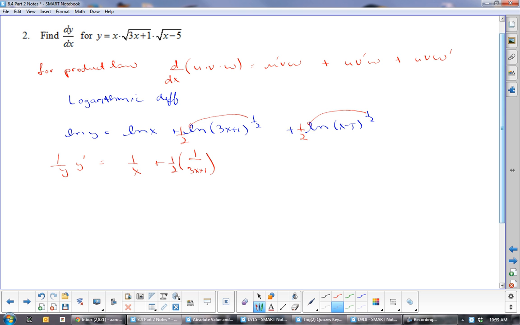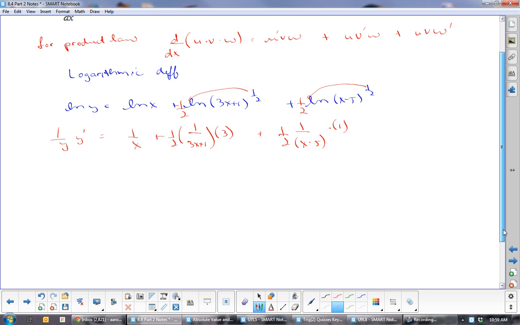We've got to do the derivative of the bottom, so we're going to multiply by 3, plus the 1 half, and then 1 over x minus 5 times 1. So even going through this part, it's not as bad as, well, if I would have done the other one, you would have seen how much time it takes, but I thought I'd spare you.